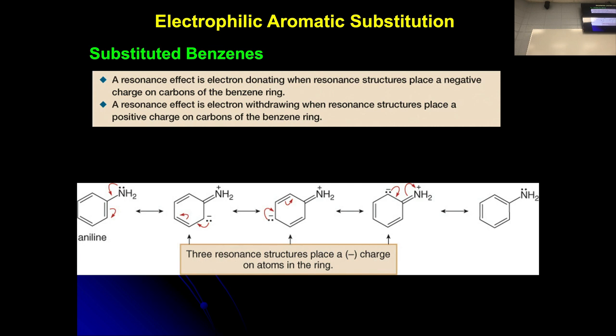Aniline, of course, the nitrogen has a pair of electrons. And so if you're an electrophile and you're going to react with the aromatic ring of aniline, you would think that you have three possible choices. You could react here, here, or here, right?